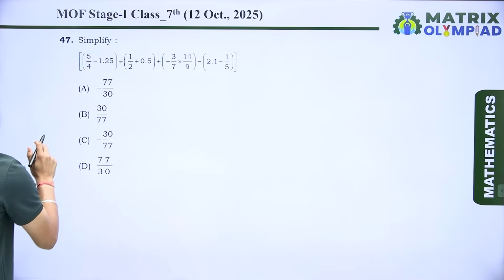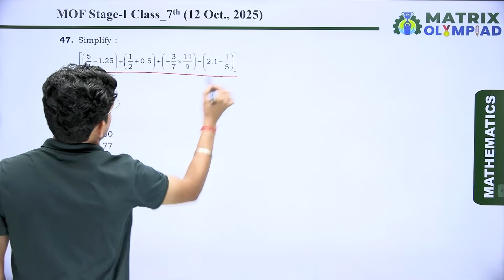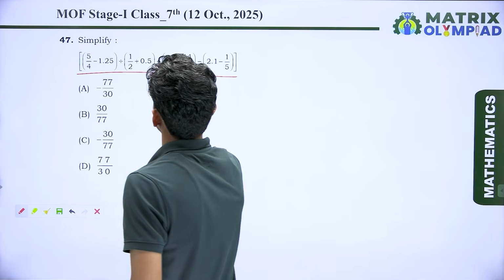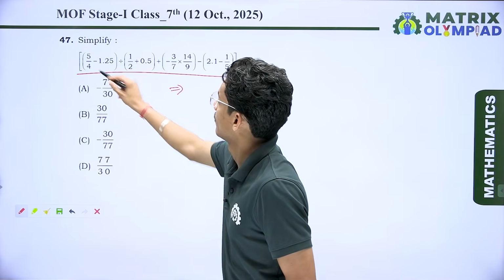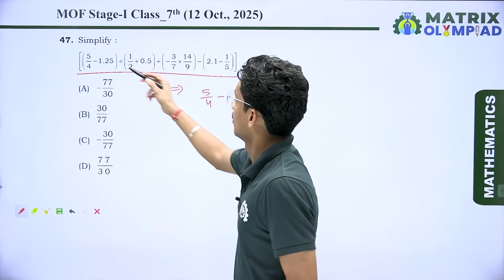So now if I talk about the next question, which is simplify the following. Okay, so we have to simplify this one, and we have given 5 upon 4 minus 1.25.